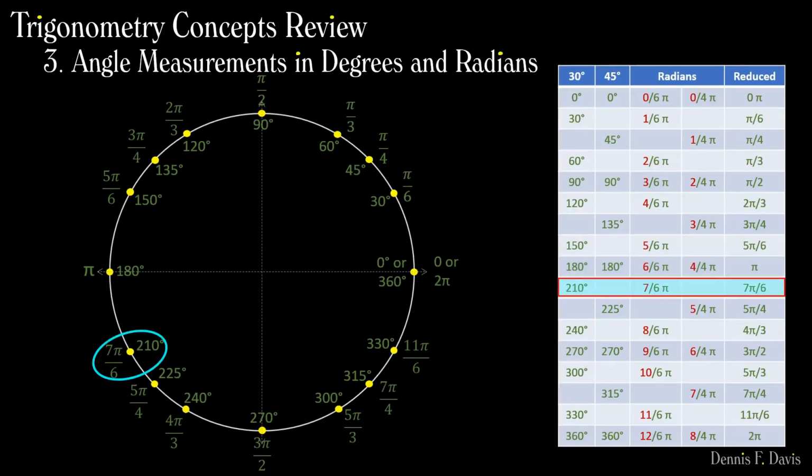210 degrees is 7/6 pi, which can't be reduced, so 7 pi over 6.